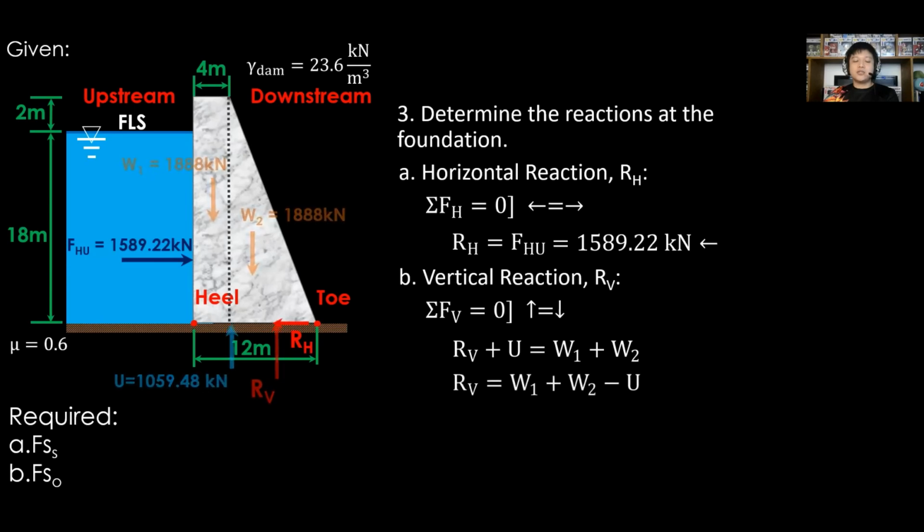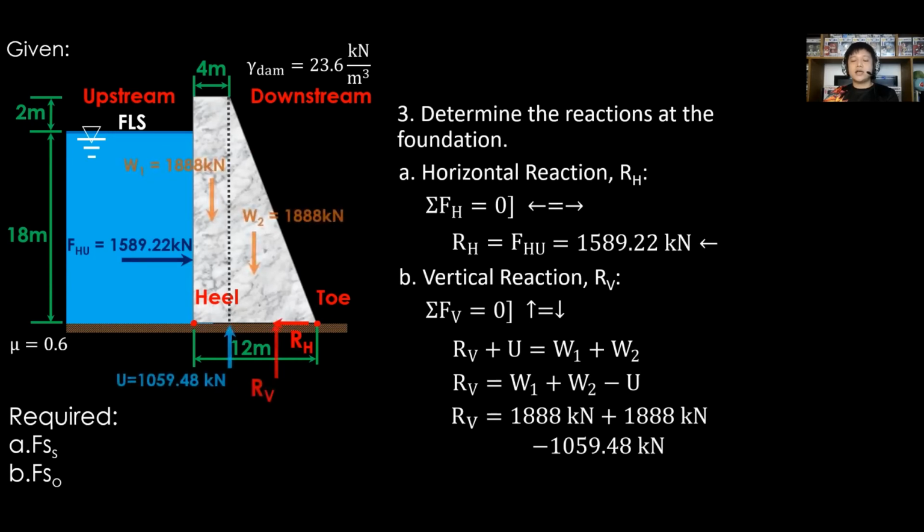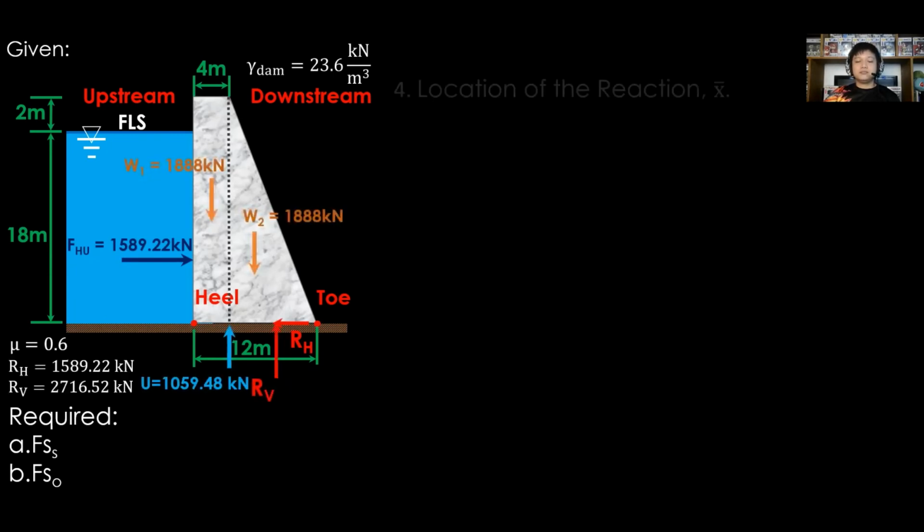Rearrange, then substitute W1 and W2 as 1,888 kilonewtons and 1,059.48 kilonewtons for U. Therefore, RV is equal to 2,716.52 kilonewtons. Fourth process is the location of the reaction or X bar.